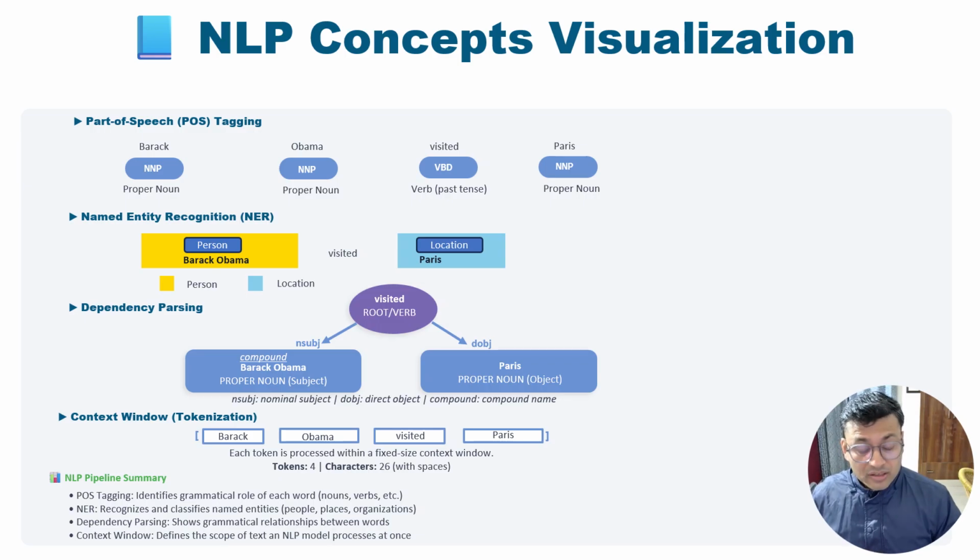Tokenization is a process related to what we call the context window, which defines the scope of text an NLP model processes at once. The entire sentence is broken into pieces, and every piece is called a token, and each token is further processed as a parameter, and those are again numeric representations.